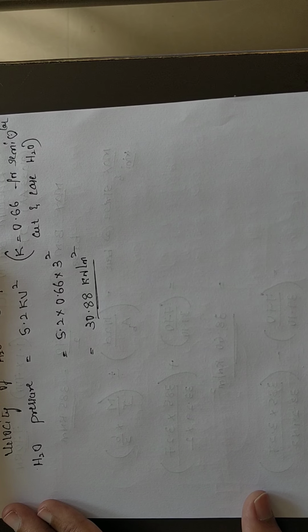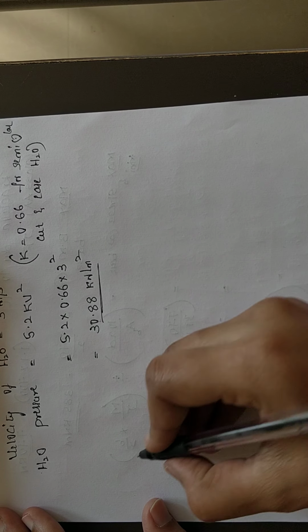Then calculate the area of wetted surface of the pier.